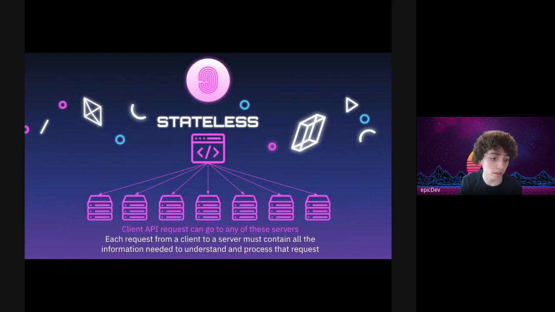Okay, and you can see this diagram here. As I just talked about statelessness, the client API request can go to any of these servers. There's something called vertical and horizontal scaling. You can only vertically scale so much. That means adding more processing power to one machine, adding more storage and speed to a single machine, and you can only do that so much. You can't run your entire app on one machine.